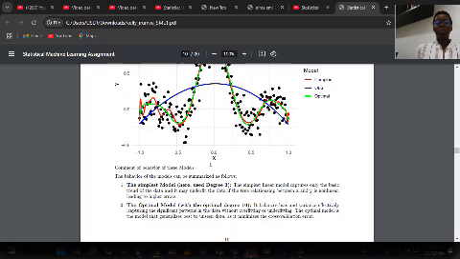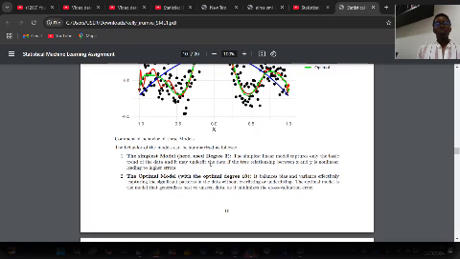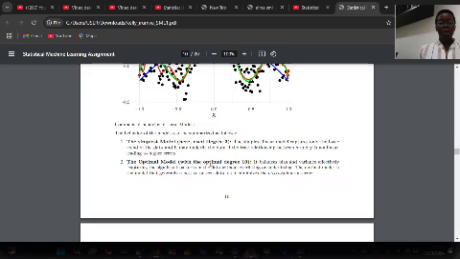In other words, it optimizes the cross validation.